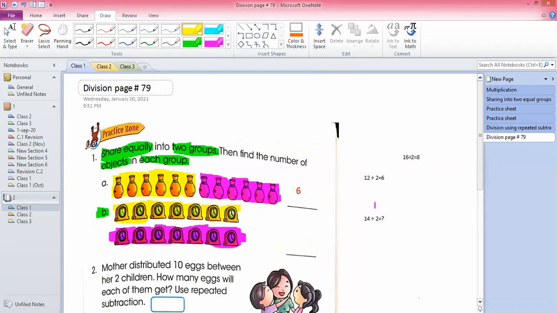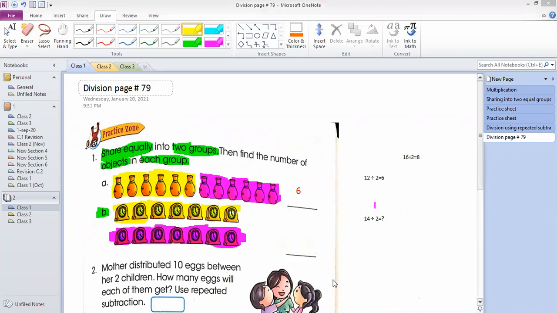This is group A. Count the group A clocks, the yellow one. 7. And how many clocks are there in group B? 7. Yes, 7.